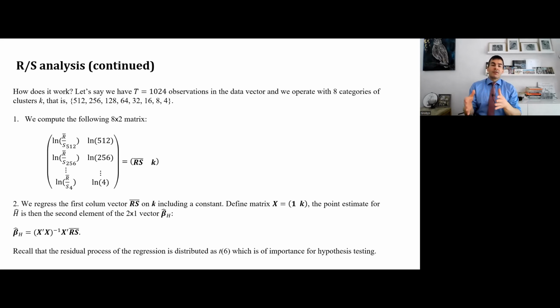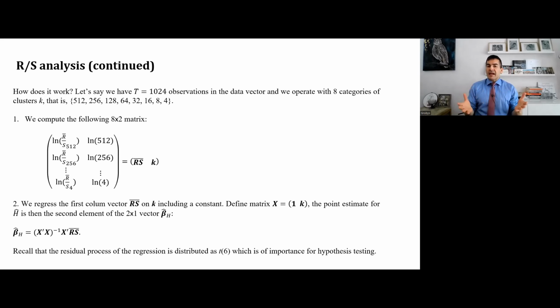So we can denote the corresponding column vectors as RS bar and K. What we do then is we regress the first column vector, RS bar, on K, including a constant. And obviously the constant must also have the dimension 8x1, all right?